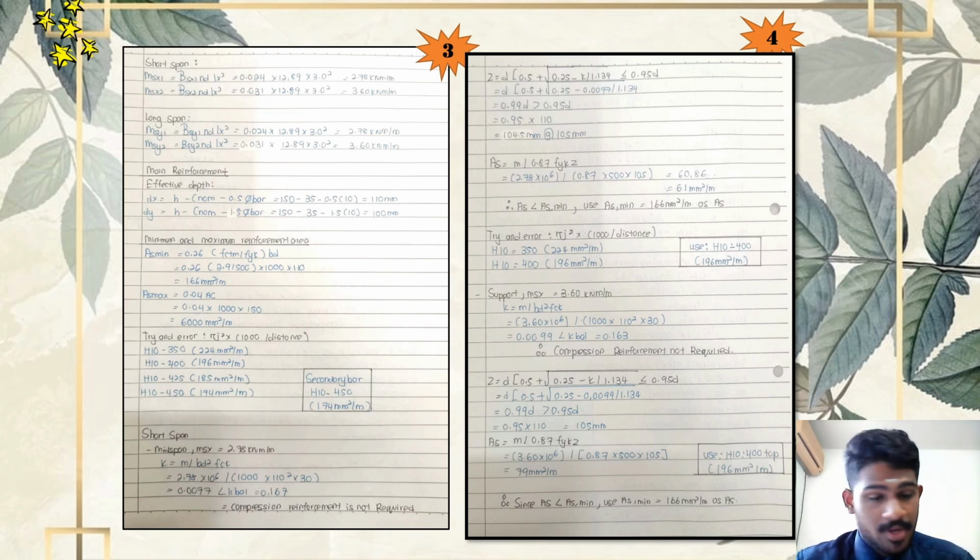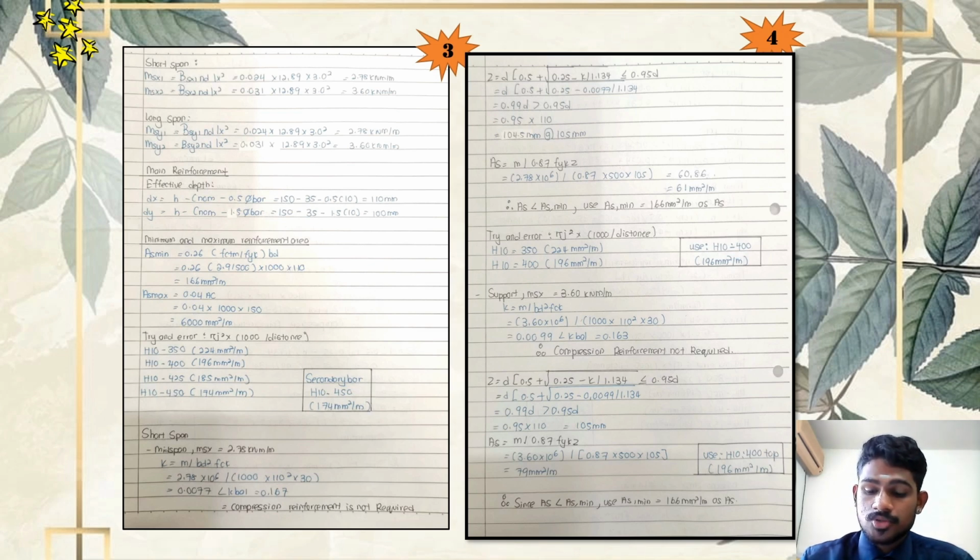So for the long span, the first value, msy1, is equal to 0.024 times 12.89 times 3.0 to the power of 2, equal to 2.78, and also msy2 is equal to 0.031 times 12.89 times 3.0 squared, equal to 3.6 kilonewton meter per meter.